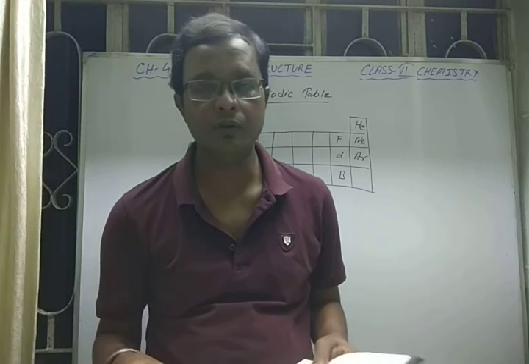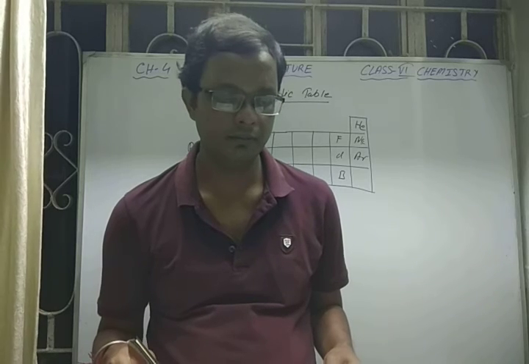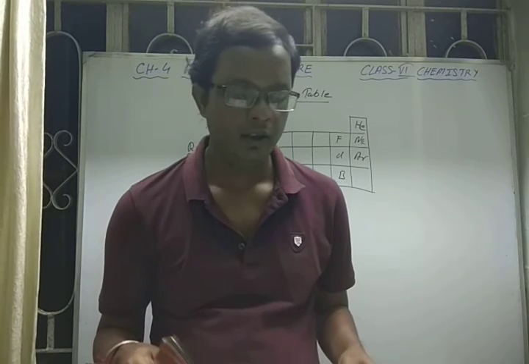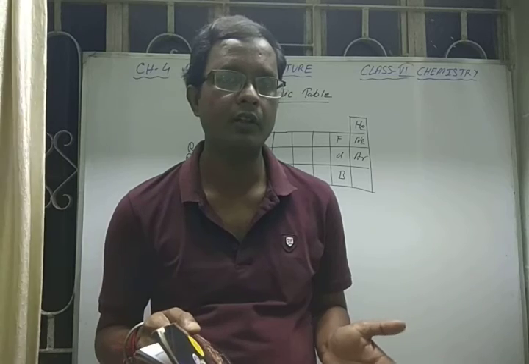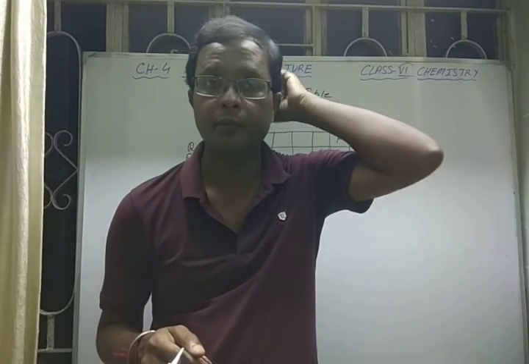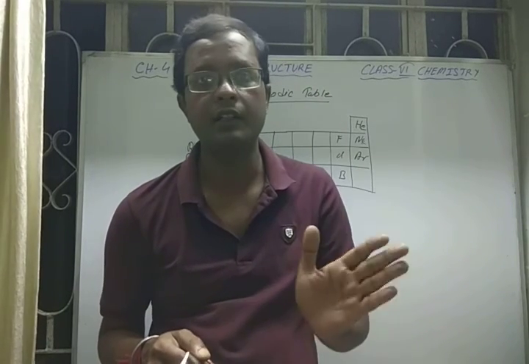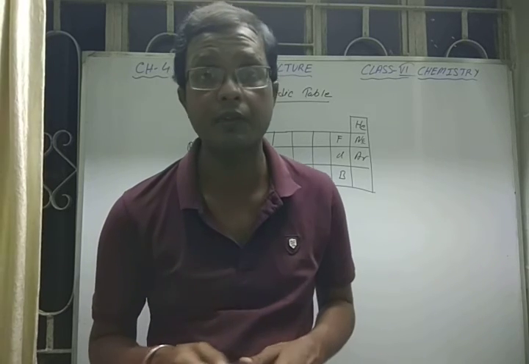It's very important to know, but we will not discuss much detail about it, because these elements are arranged on the basis of their atomic number, and when we bifurcate this atomic number in different shells, we have to know the atomic structure and electronic configuration.